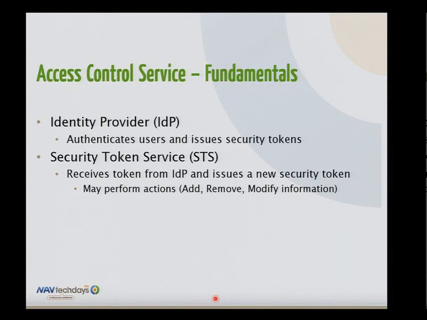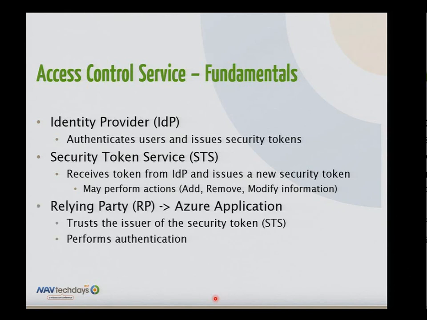It maps all the identity information in the identity provider token into something understandable by NAV. So it receives a token and sends a token. And then we have a relying party. That's some Azure application, in our case Dynamics NAV. It trusts all security tokens coming from the STS and performs the authentication.